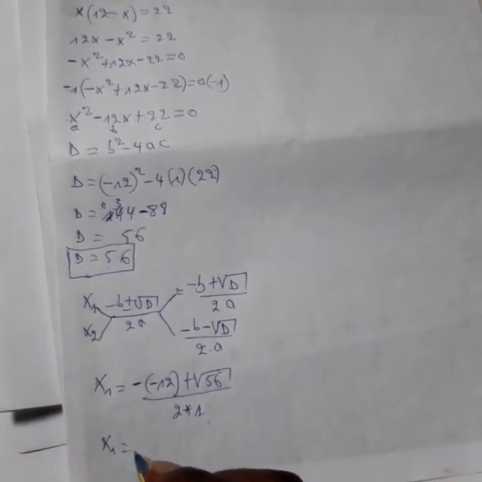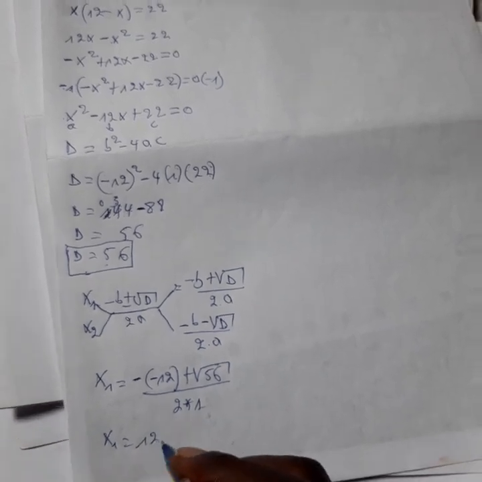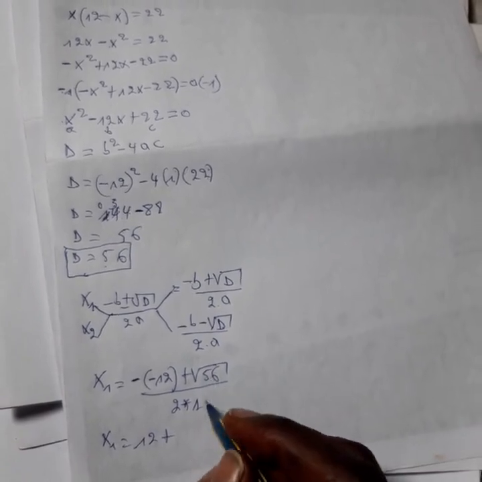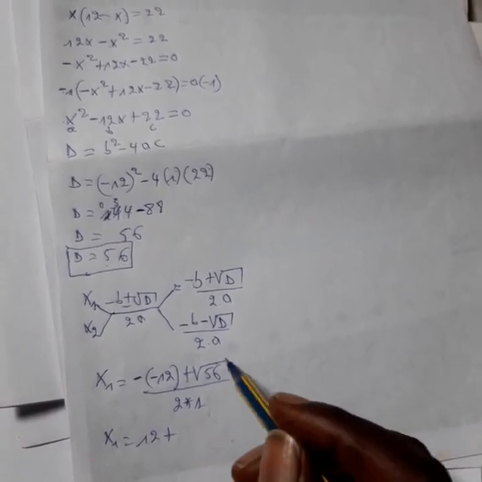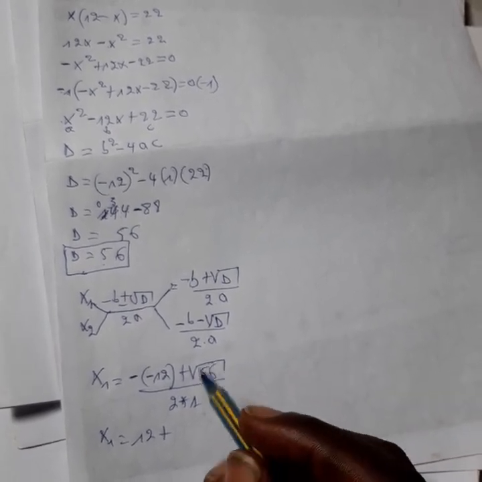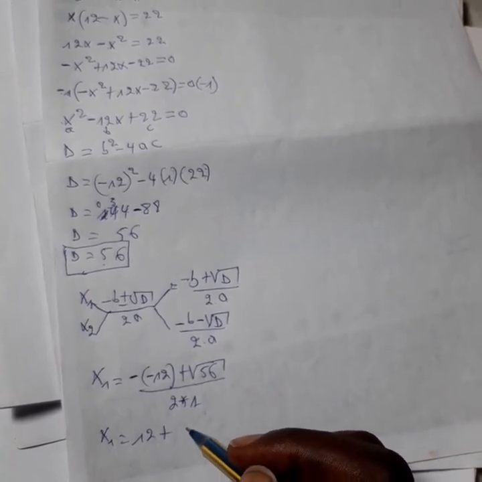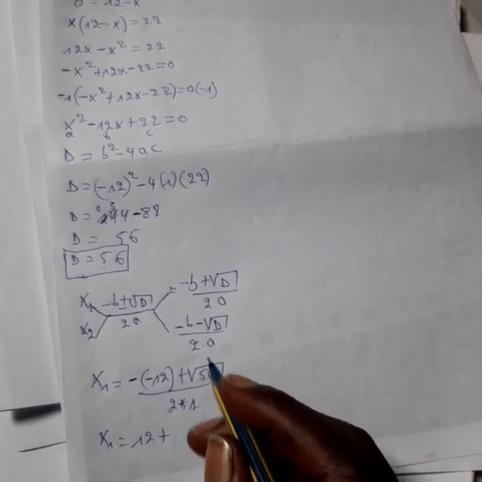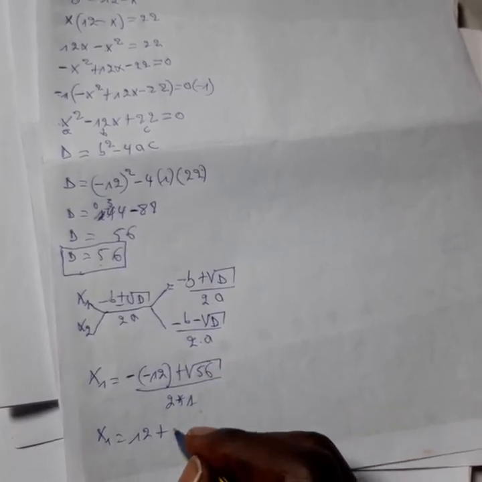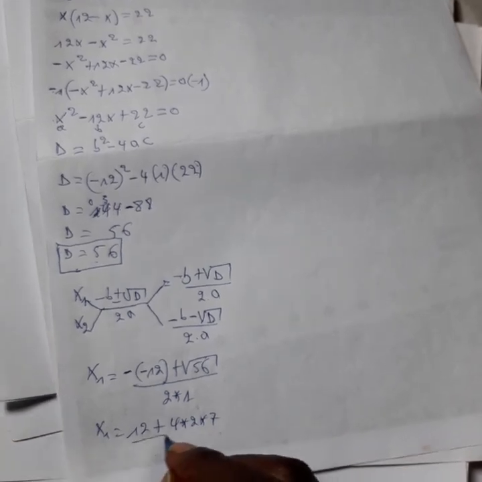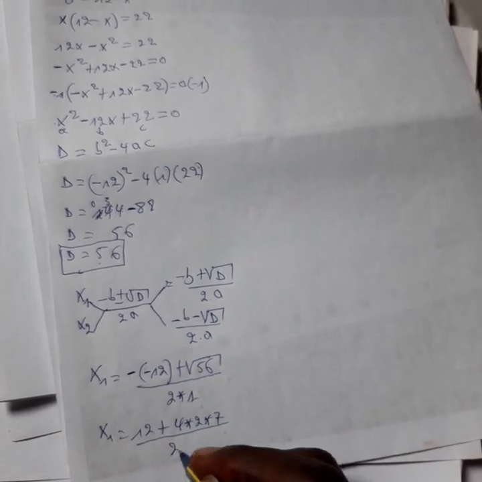So x1 will be equal to 12 plus the square root of 56. 56 does not have a perfect square root, but 4 times 2 is 8, and 8 times 7 is 56. So we'll have 4 times 2 times 7, then over 2, since 2 times 1 is 2.